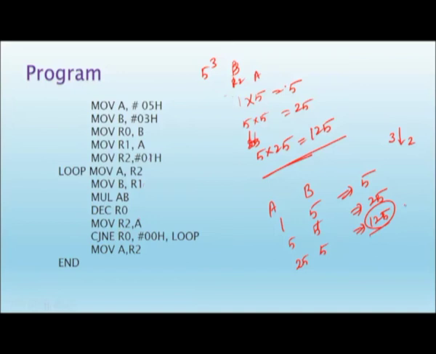Only the corresponding hexadecimal value is stored; for understanding, I have given the decimal equivalent. Then every time, the R0 value is reduced and compared with 0. Whenever it reaches 0 it will exit from the loop. Okay. Then finally, the result in the R2 register is moved to the accumulator.